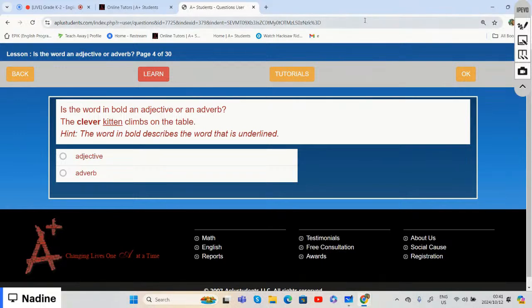All right, and if we were to choose the correct one, it says the clever kitten climbs on the table. Is this an adjective or is it an adverb? Clever kitten.